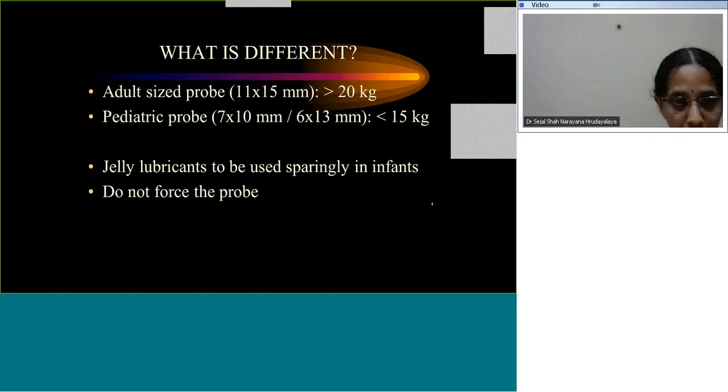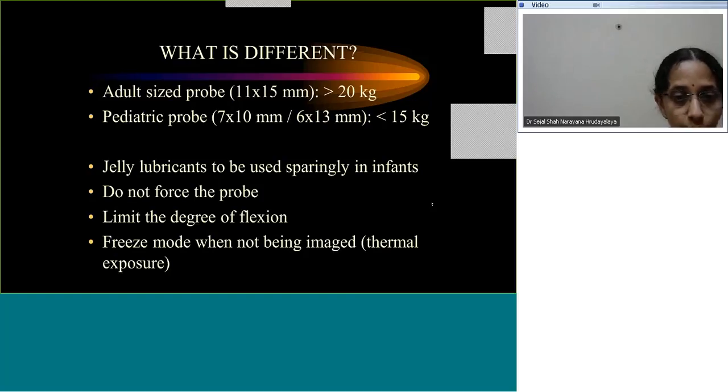Whenever we are manipulating the probe, do not forcefully move the probe. Limit the degree of flexion, whether it is anteflexion or retroflexion or lateral flexion. And also, when we are not using it, especially in the operation theatre, put it on freeze mode. Do not continuously keep it on scanning mode even when it is not used.